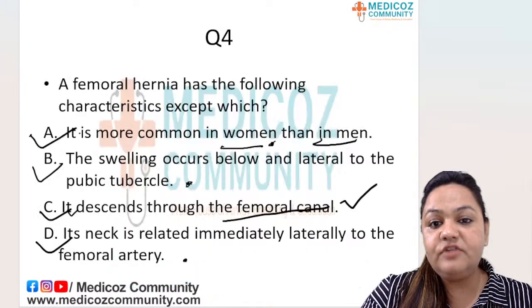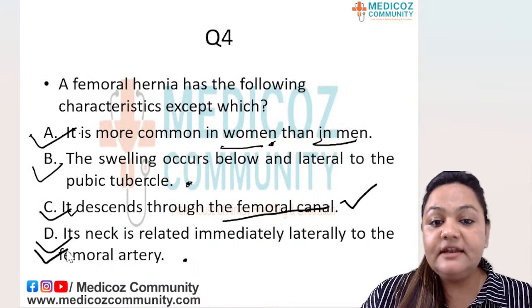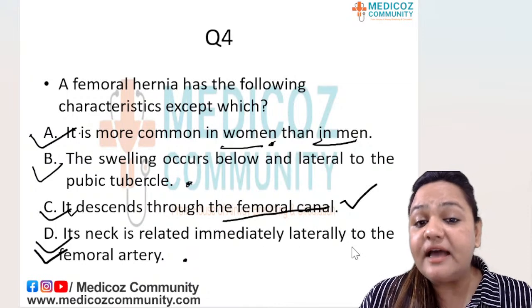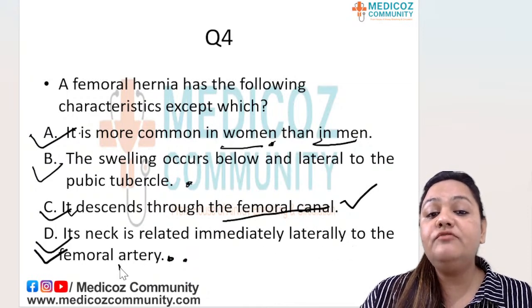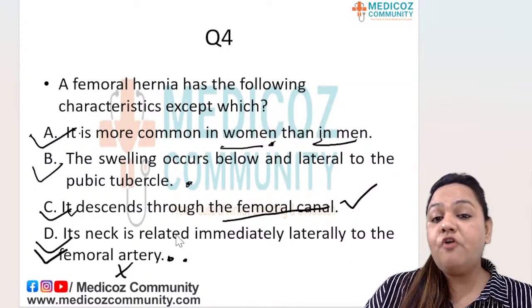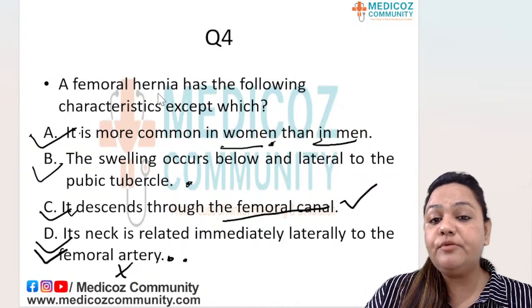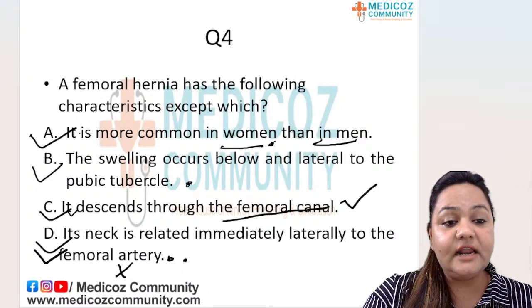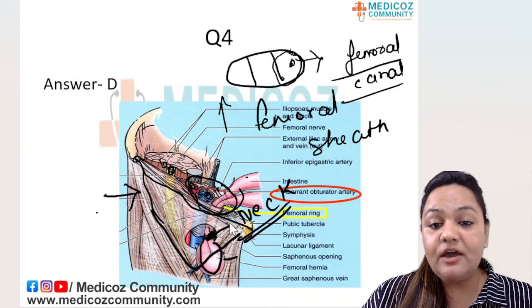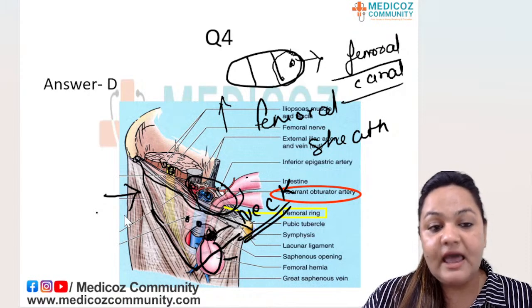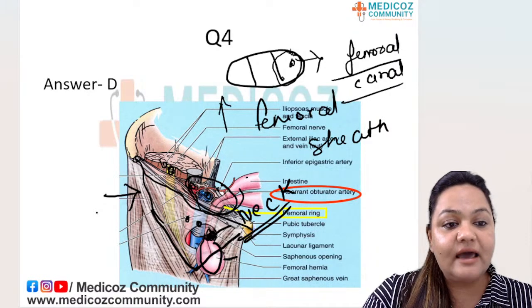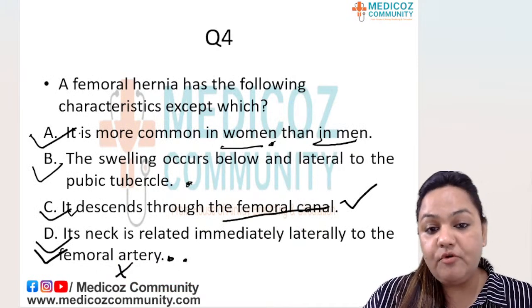Now we have option D, that the neck of this femoral hernia is related immediately lateral to the femoral artery. Now this is the option which is wrong here, which is not related to the femoral hernia, because in this diagram you can see the neck of the femoral hernia is lying medial to the femoral artery and femoral vein. And what is the option here? It is lying lateral to the femoral artery.